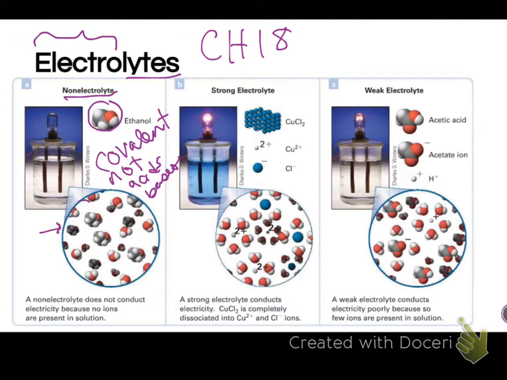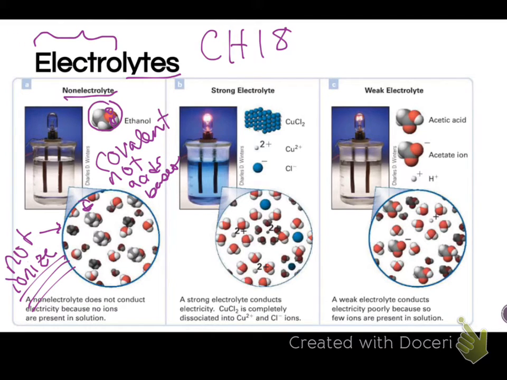Ethanol dissolves in water because it has an OH bond, so it has hydrogen bonding capabilities. But it doesn't ionize because it's not an acid or a base, and it's not an ionic compound. So anything that doesn't ionize when it dissolves in water is a non-electrolyte. That means it doesn't conduct.